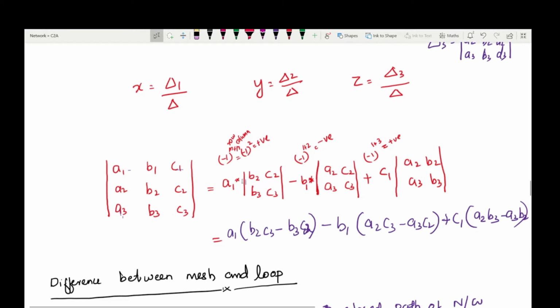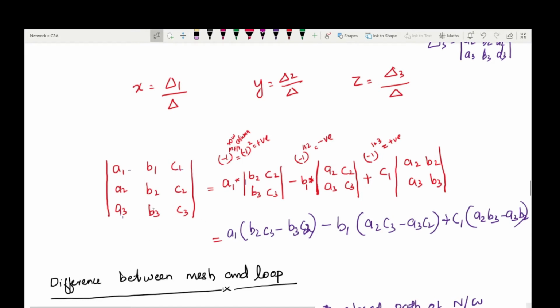The remaining square matrix is B2, C2, B3, C3. Then minus will come, as shown over here. Then minus B1 into, you remove this column and row; the remaining entries are A2, C2 and A3, C3. Then plus C1, remove this column and this row: A2, B2 and A3, B3.